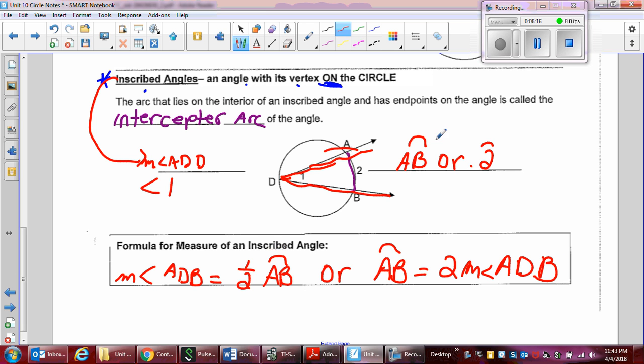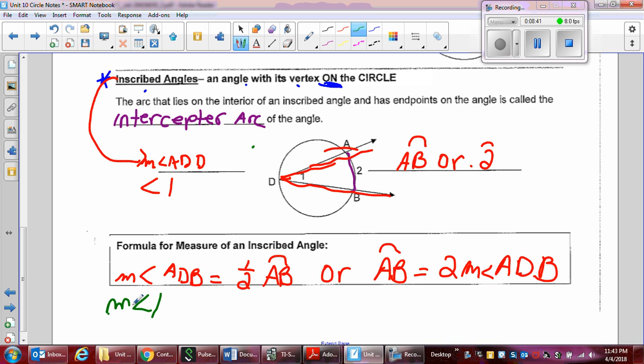So to write this in numbers, since they are also named by the angle that they have, I can do angle 1.